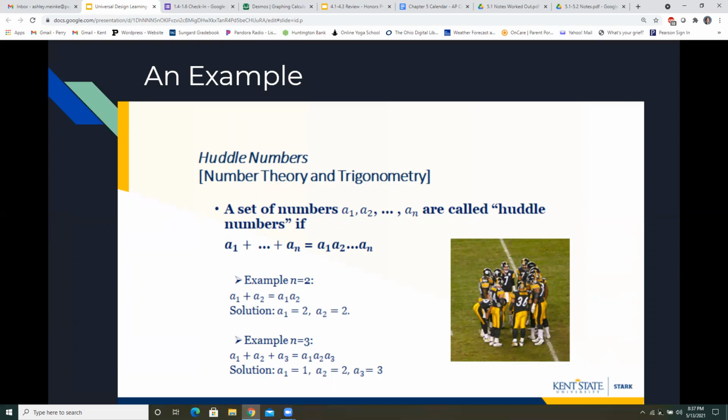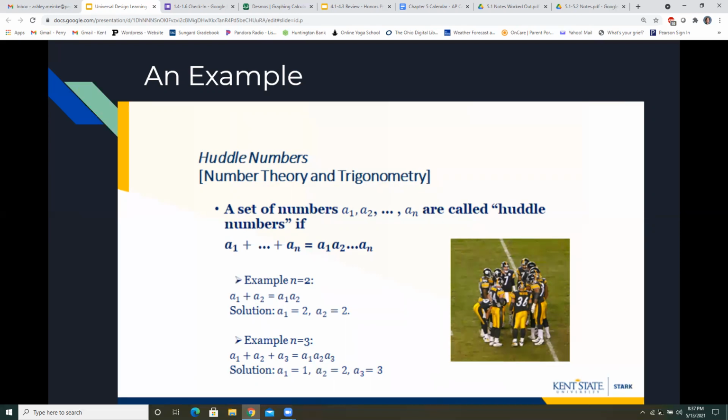And you're asking the question, when will the sum of these numbers be equal to the product of these numbers? Now, typically students don't think about these kinds of mathematical problems, because it just doesn't occur to them. So I call them the huddle numbers, because it's kind of like a huddle in a football game, where the product is considered the huddle.